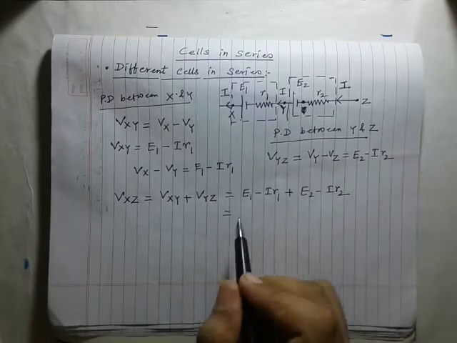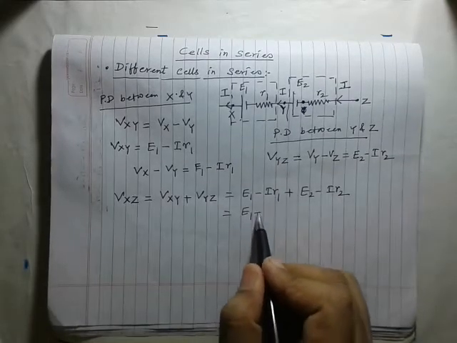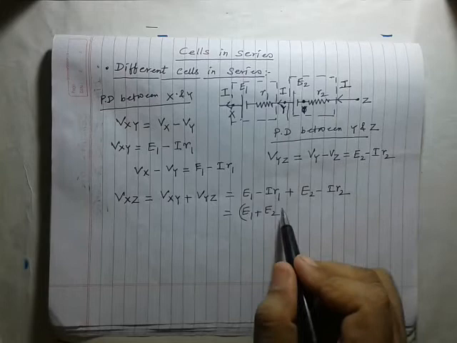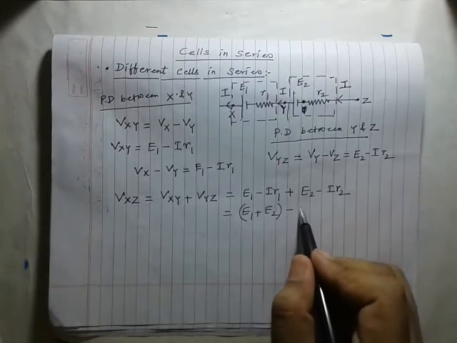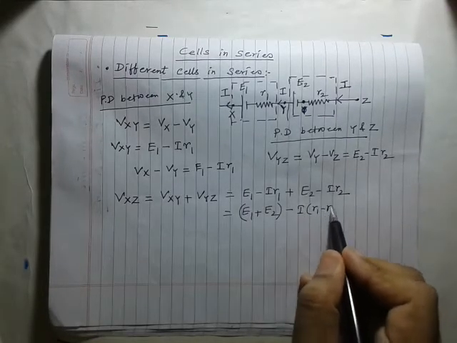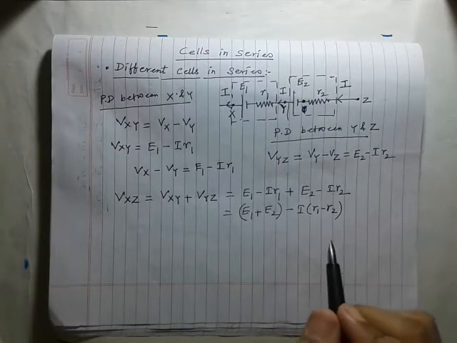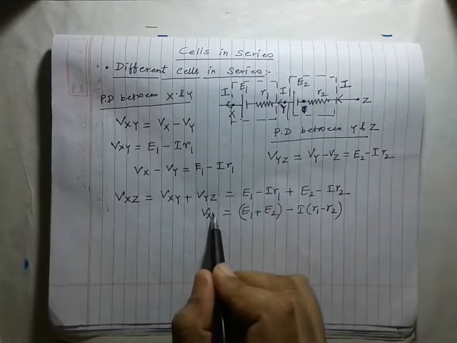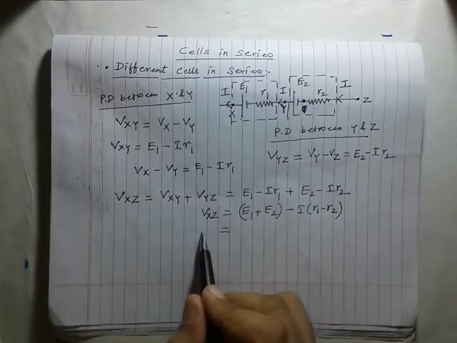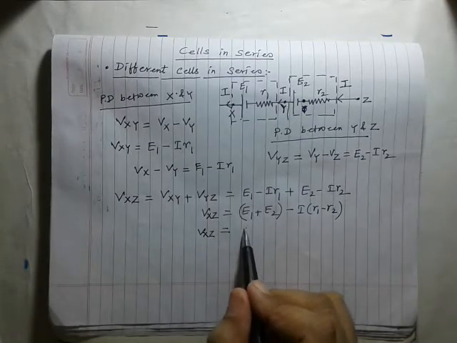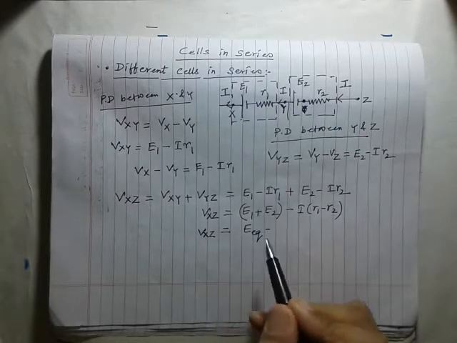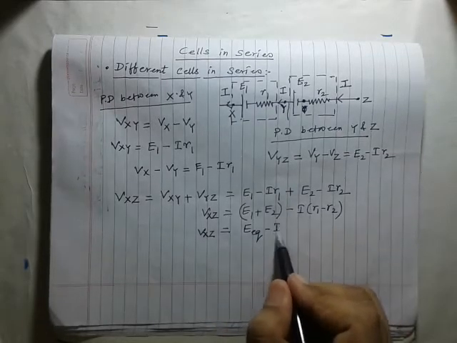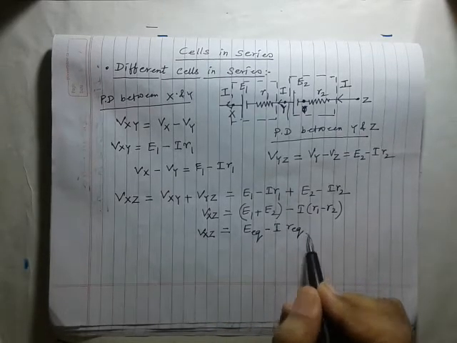We'll take common here. We'll get E1 plus E2 and then minus I into R1 plus R2. So this is the equivalent. So Vxz will be equal to E equivalent minus I R equivalent.